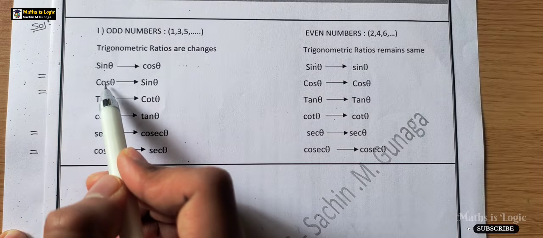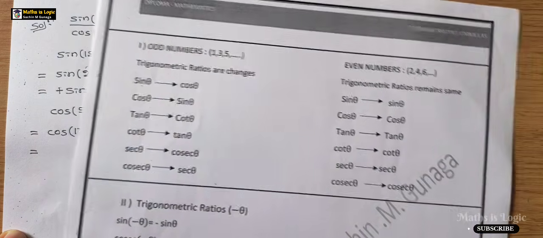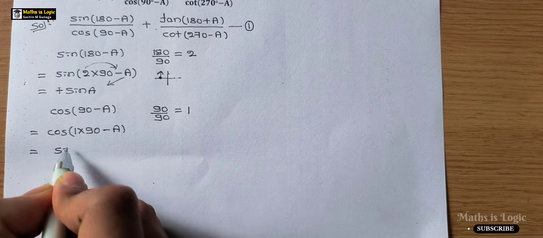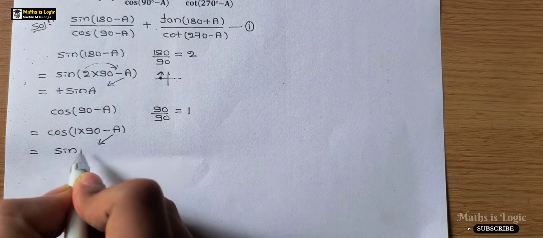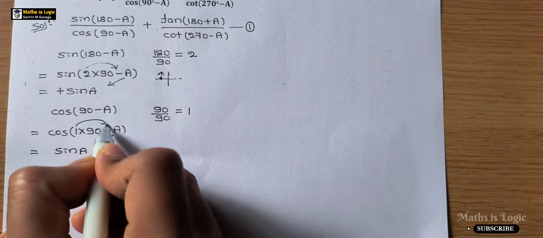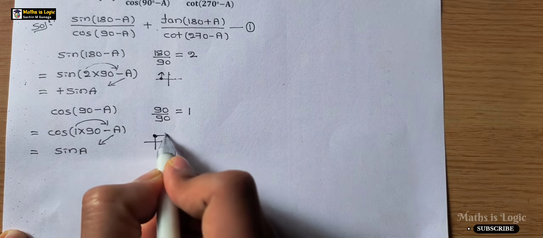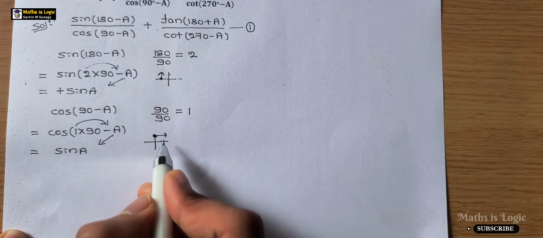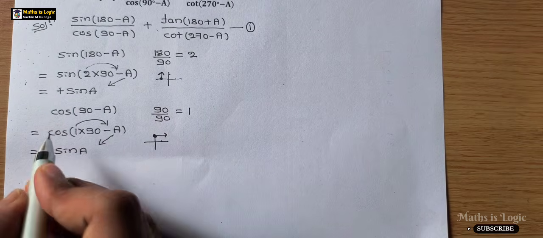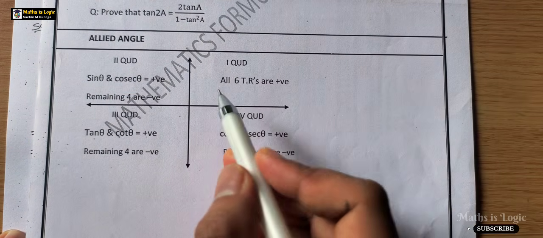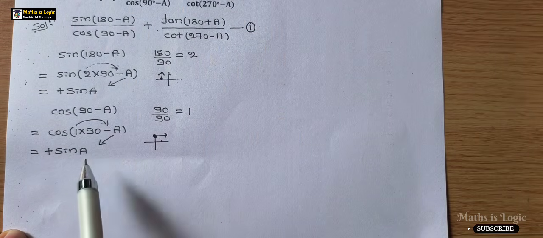Because of odd number, cos changes to sin. Again here a, keep it as it is, rotate 1 minus. So 1 minus means first quadrant. In the first quadrant, all 6 trigonometric ratios are positive. Therefore write plus sin a.